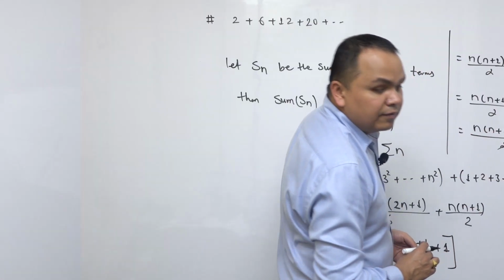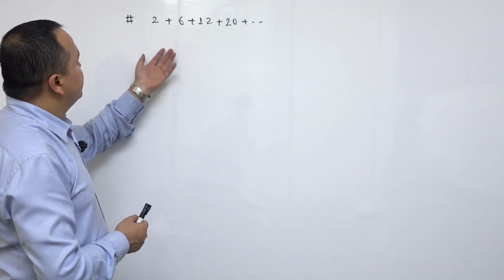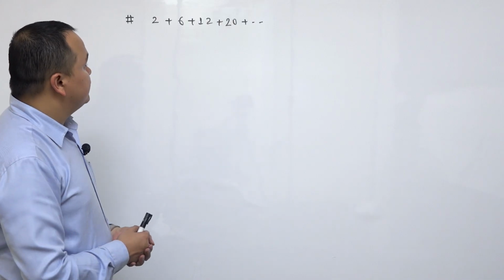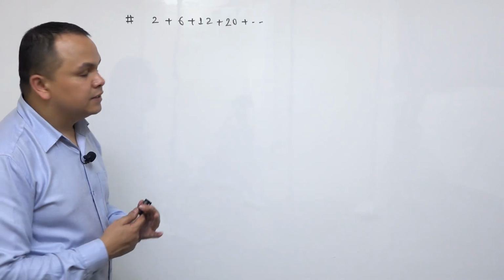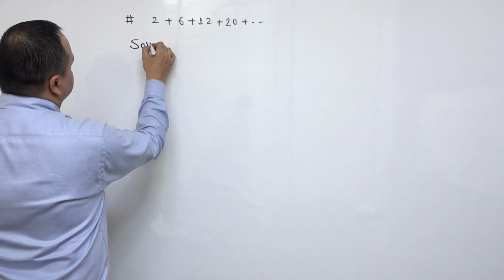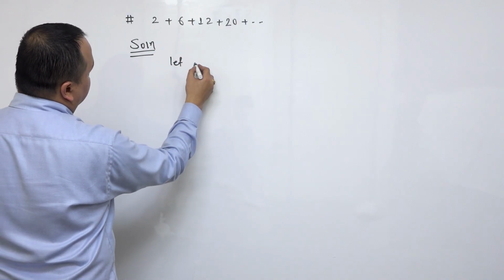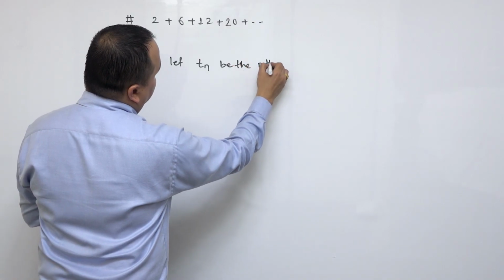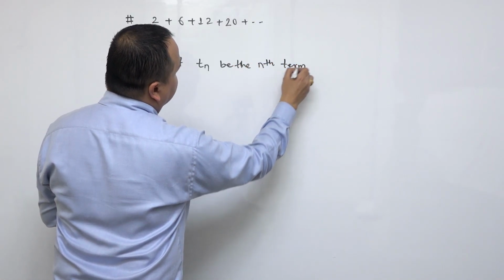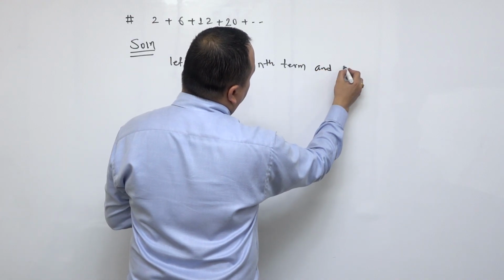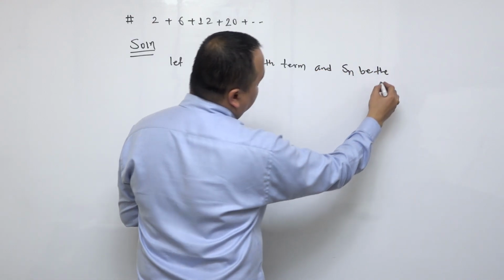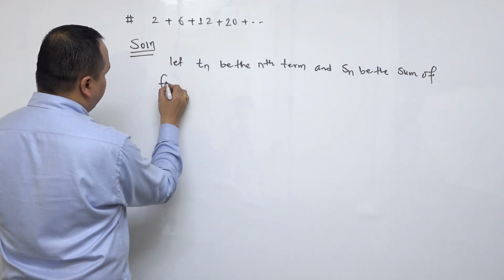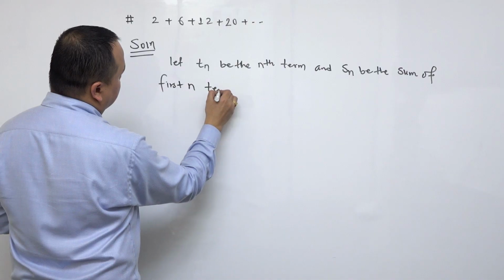Now, we have the same example, 2 plus 6 plus 12 plus 20 plus dot dot dot. We have an alternative method for this question. Let Tn be the nth term and Sn be the sum of the first n terms.